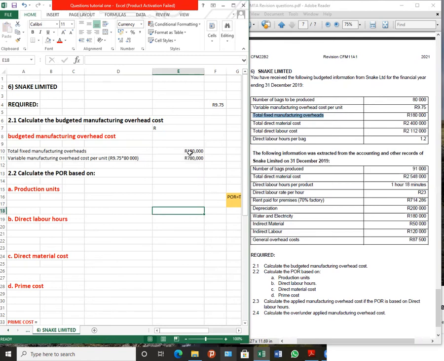She said our budgeted manufacturing overhead is going to be our total fixed cost plus our total variable cost.